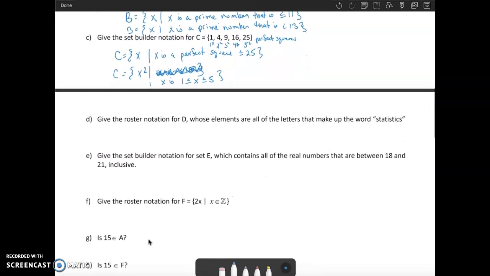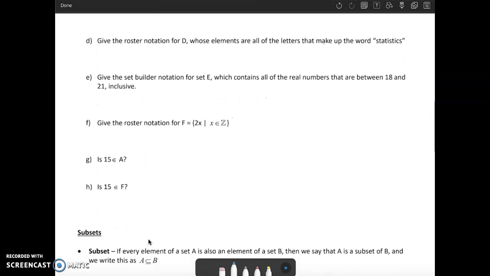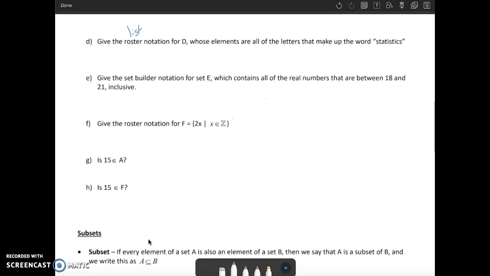Okay, let's move on. Give the roster notation. So this should be a slightly easier one because we're going back to listing. For the set D, whose elements are all of the letters that make up the word statistics. So D is the set, and I have to list all of the letters that make up the word statistics. So here we're going to get into something interesting.